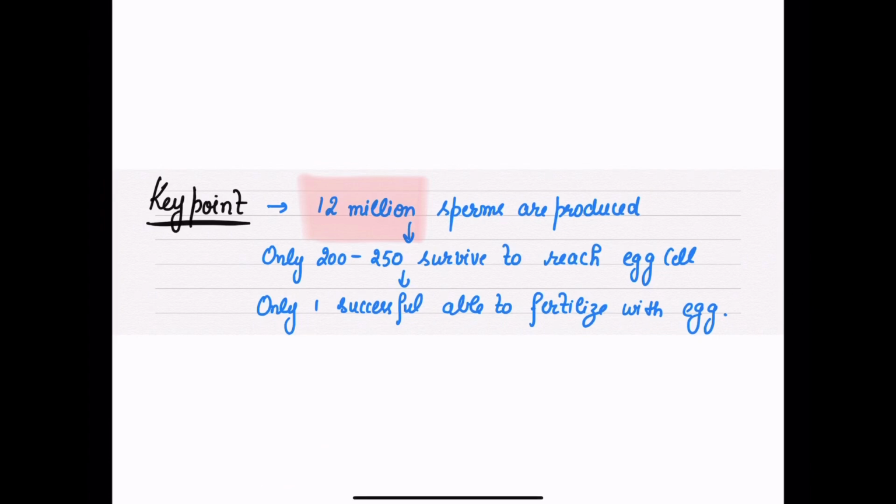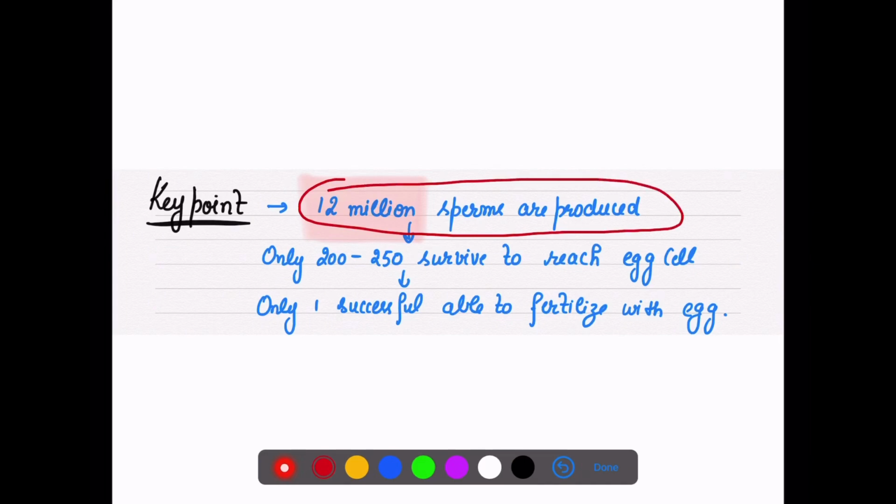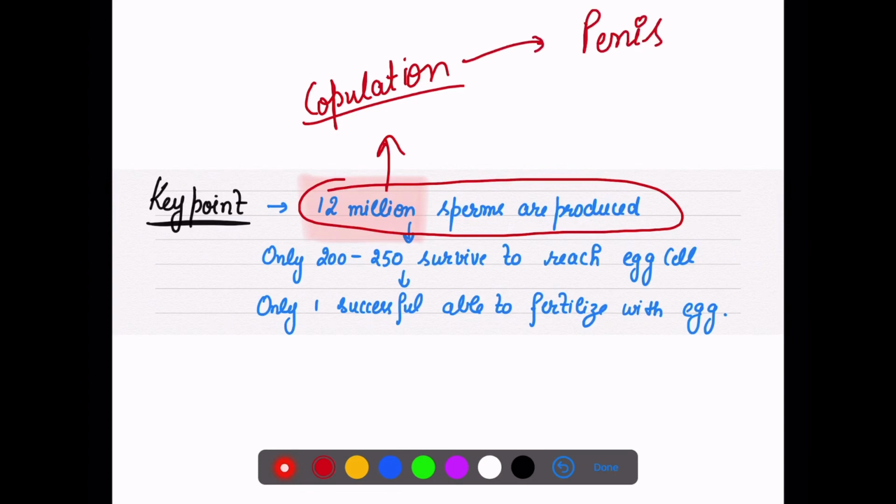So what is happening here is that 12 million sperms are produced by the testes. What is the purpose of producing the sperms? If a couple is undergoing copulation, then from the penis these sperms will be released into the vagina, which is the female reproductive part.